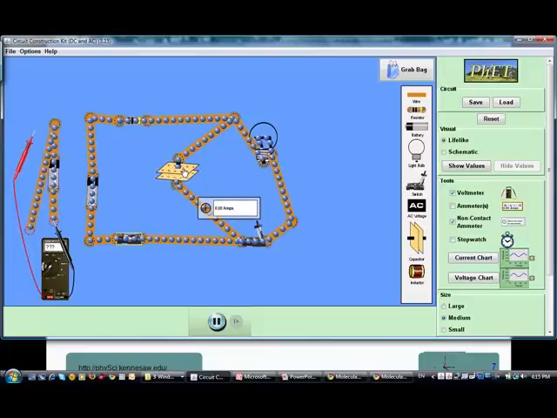So for that reason, charges are going to accumulate here that are positive, and charges are going to accumulate here that are negative. Remember, actually, it is the negative charges that are going to move. What this means is negative charges are going to be repelled from here, going into the battery, and allowing for some chemical reaction to occur to have more and more negative charges, and that's what's going to give the full charge in the capacitor.